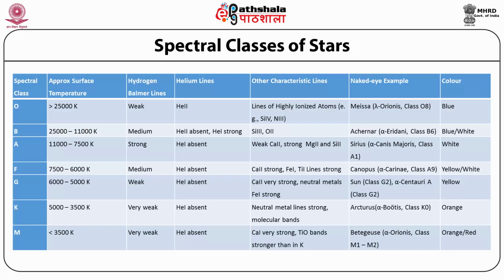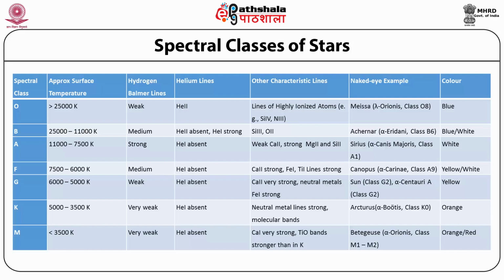The helium lines are of He2 type. The other characteristic lines, those of highly ionized atoms such as Si4 and N3, are present. A naked eye example is Lambda Orionis, class O8, and the color is blue.